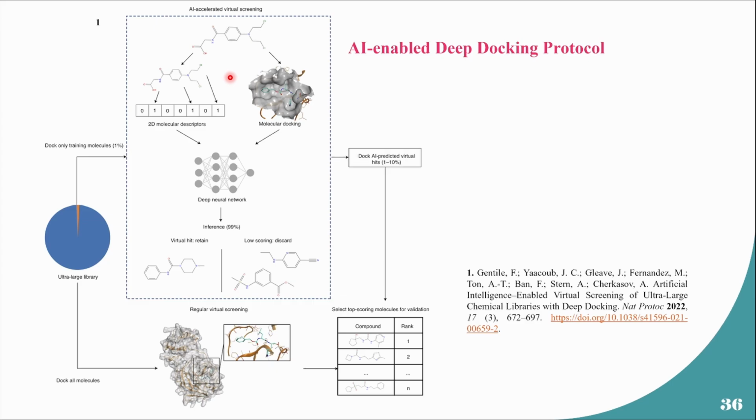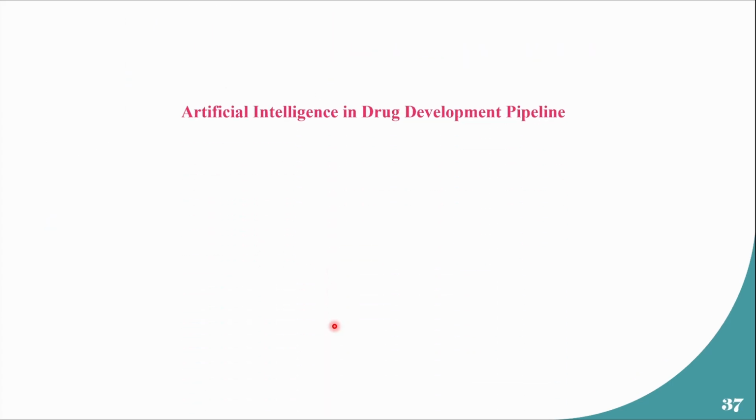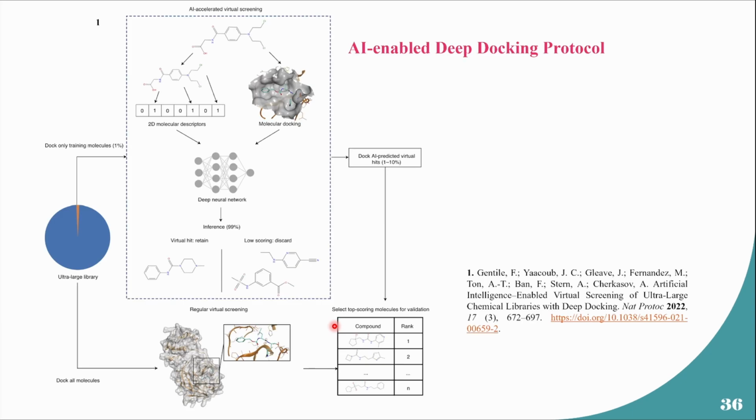This way they train their model to identify potential lead candidates and evaluate the docking score. Ultimately, the trained model predicts the rest of the library. So that is one way the computational cost and resources can be reduced by a lot.